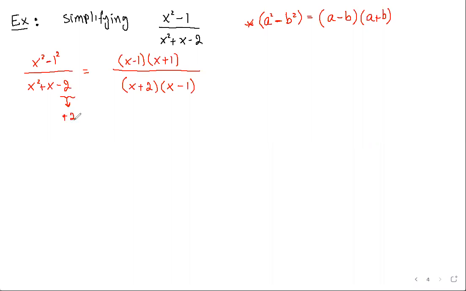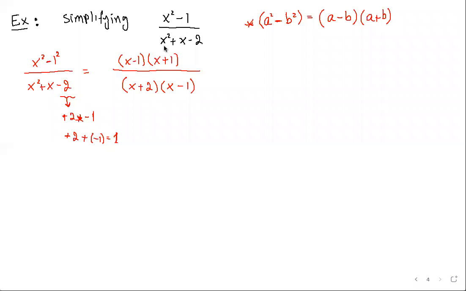So positive 2 times negative 1 gives me minus 2, and the summation of positive 2 plus negative 1 gives me positive 1, the middle term. So positive 2 and minus 1 work for this polynomial. The factor is x plus 2 times x minus 1.